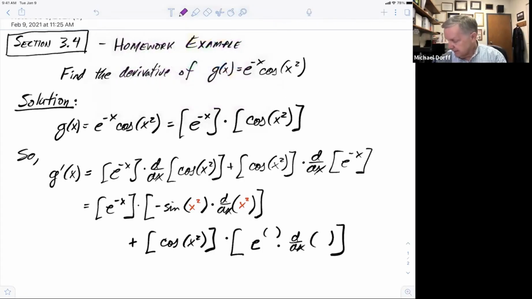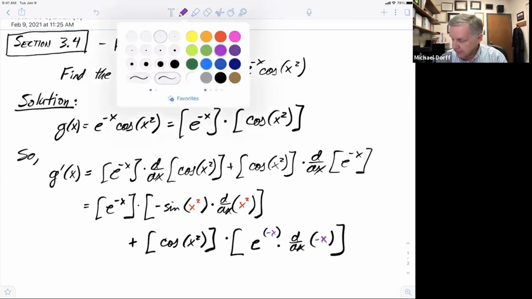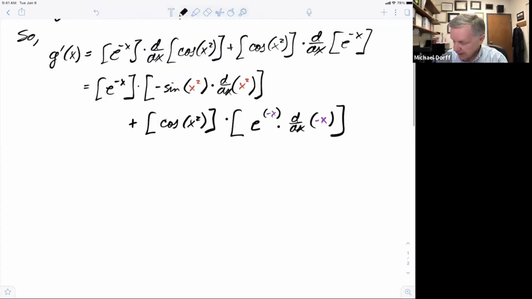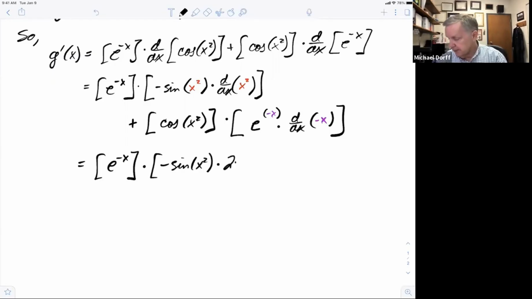In this case, it's a negative x. All right, so continuing here, we have e to the negative x times negative sine x squared, and then I have to take the derivative of x squared, which is 2x, plus cosine of x squared, and then times e to the negative x times the derivative of negative x, which is negative 1.